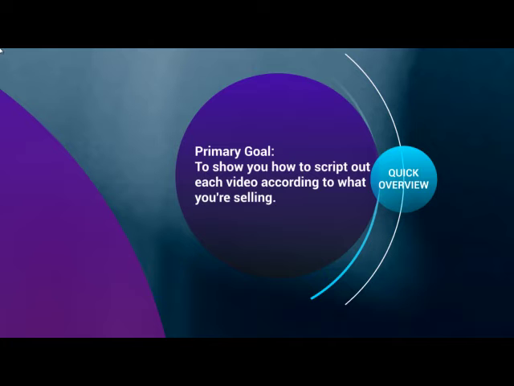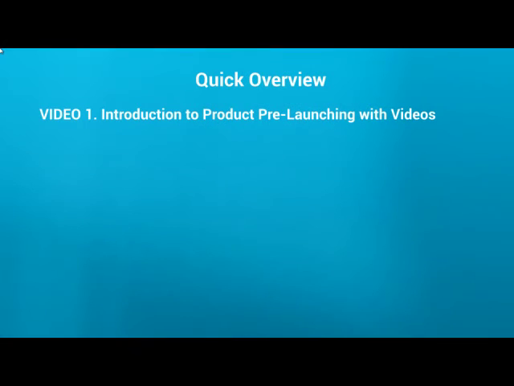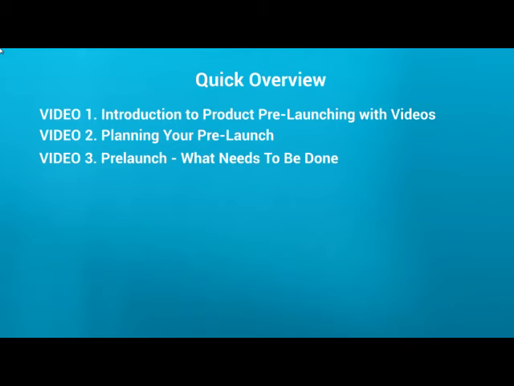Now, before we get started, I want to give you a quick overview of what's inside this video course. Video number 1 is, of course, this video. Video number 2 is planning your pre-launch. I wanted to make this video to make sure that we are on the same page. Video number 3, we're going to talk about what exactly needs to be done, and I'm going to show you a mind map.